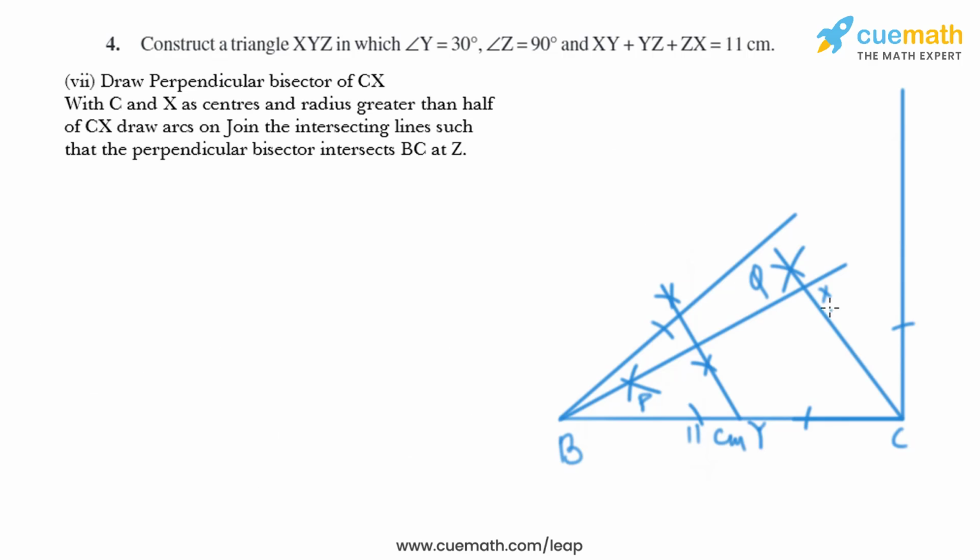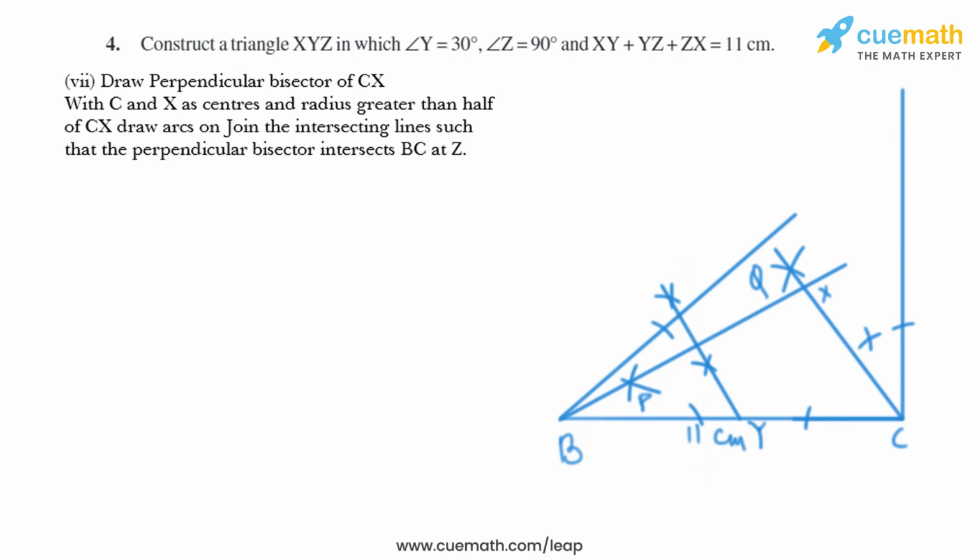Now in the next step, we need to draw the perpendicular bisector of CX. So with C and X as center and radius greater than half of CX, draw arcs to join the intersecting points such that the perpendicular bisector intersects BC at Z. So we'll put the compass at X and we'll draw an arc like this with radius greater than half of XC, and we'll put the compass at C and we'll draw another arc like this.